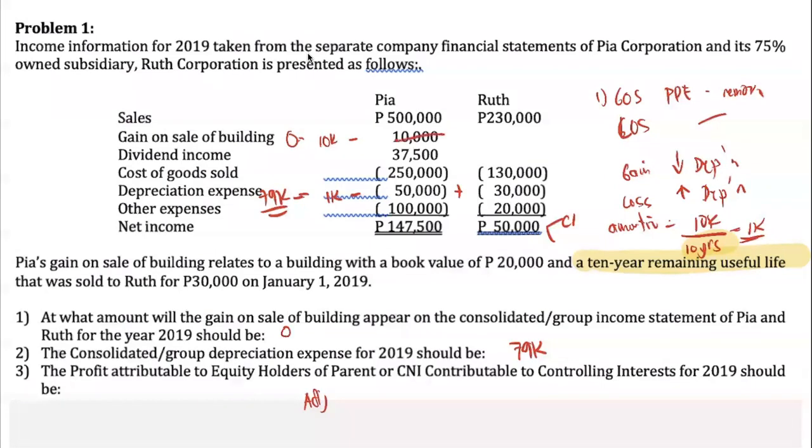We remove this, add dividend, less cost of goods sold, less depreciation, less other expenses. Our net income is equal to 500 plus 37,500 less 250 plus less 50. Okay, 138,500. So adjusted parent income, 138,500.